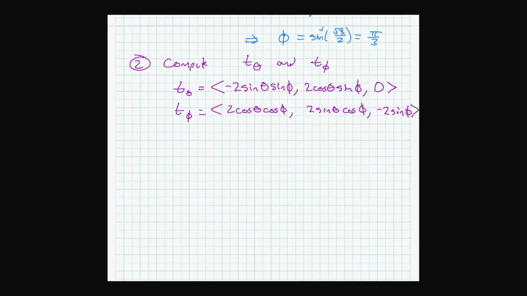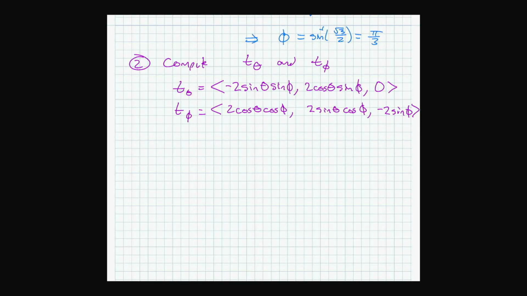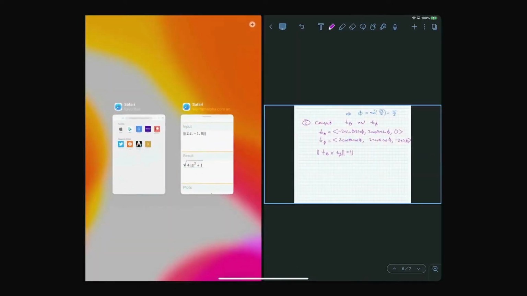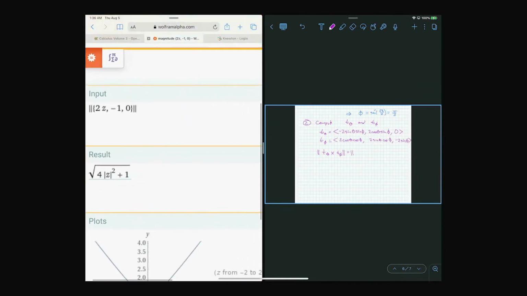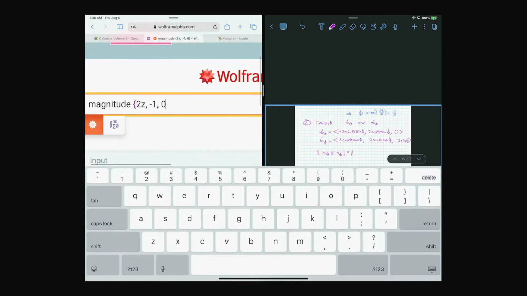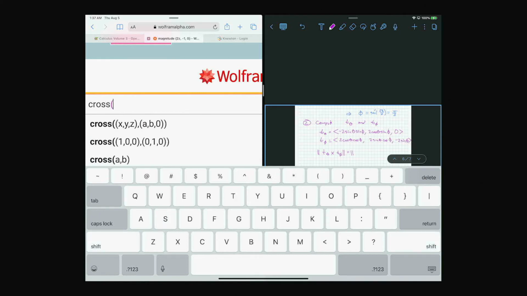Okay. This looks like a good place to use Wolfram. So we want to do the magnitude of T theta cross T phi. In order to do this, I would definitely recommend that you change your variable names. Let me zoom in. All right, we got to do a cross product. Cross, parentheses, parentheses.